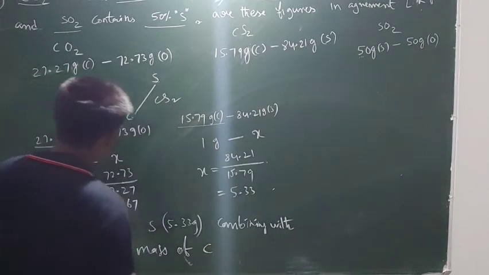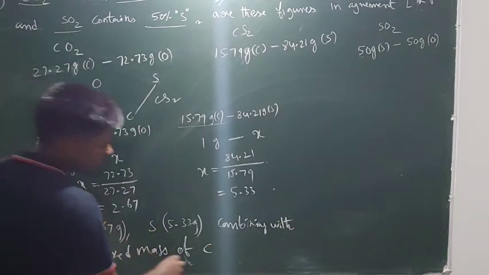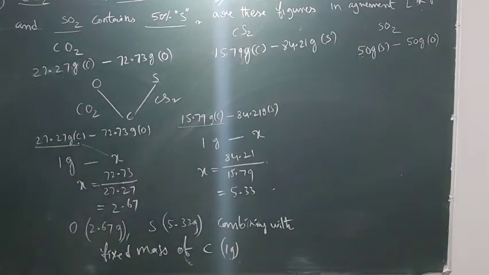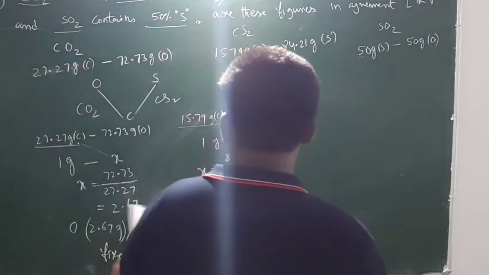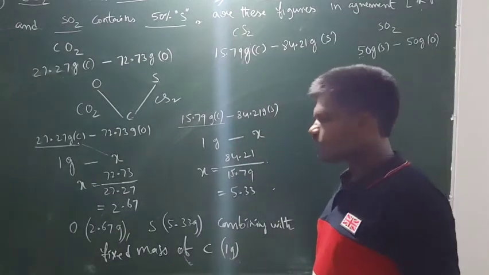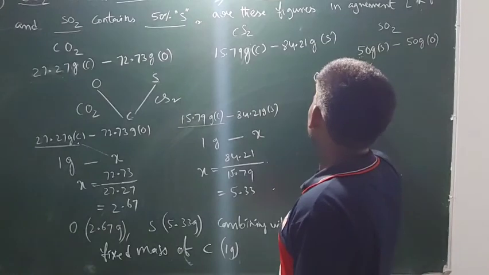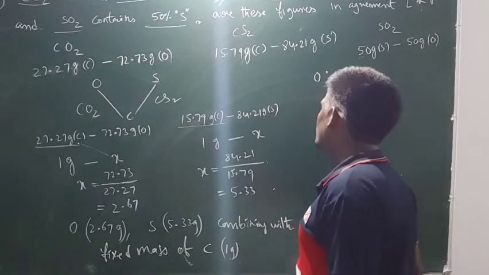What is the fixed mass of carbon? We have fixed that one as 1 gram. Now these two are combining with the fixed mass of the carbon, and you take the mass ratio. You take the mass ratio of the oxygen and the sulfur, the oxygen and sulfur mass ratio.